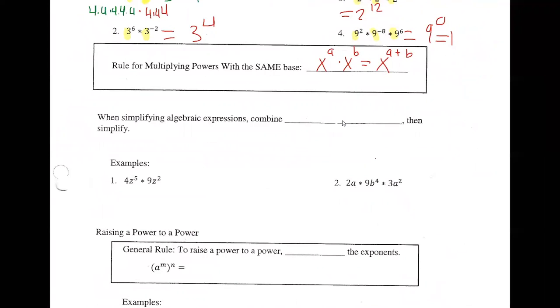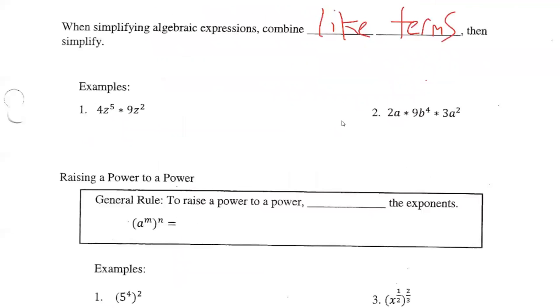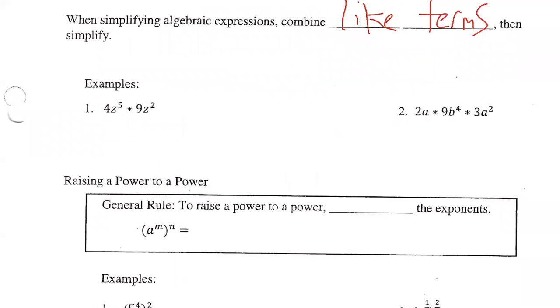And so we're going to look at some expressions, but when you're simplifying algebraic expressions, you combine like terms and then you simplify. So let's look at this one. So example 1 here, if you have a variable up to a power times a variable to a power, you multiply the coefficients.